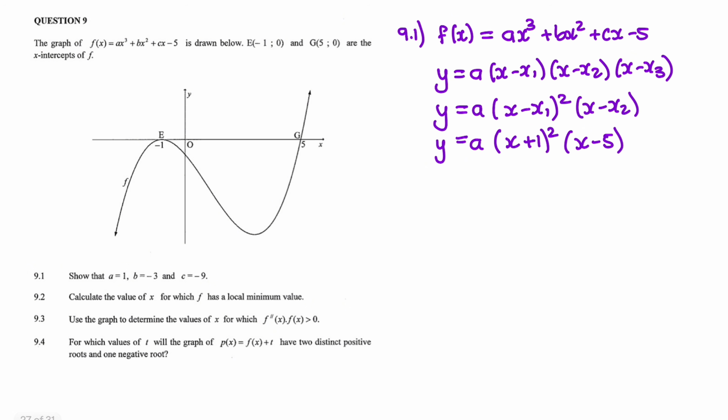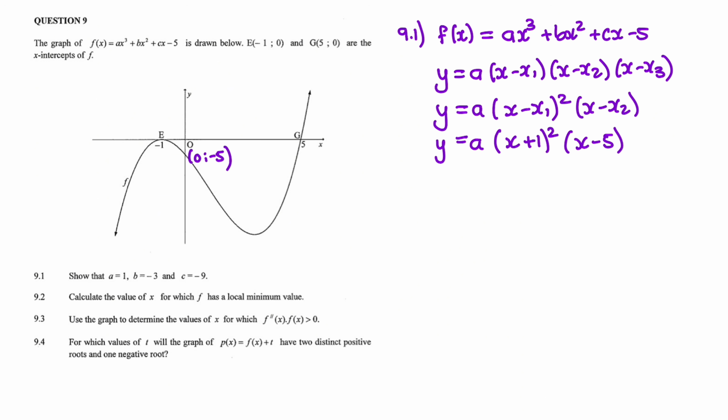Now before I multiply out, I can find the y-intercept. From our equation, we can see that if we make x equal to 0, the y-intercept would be equal to -5. So when x is 0, y is -5.